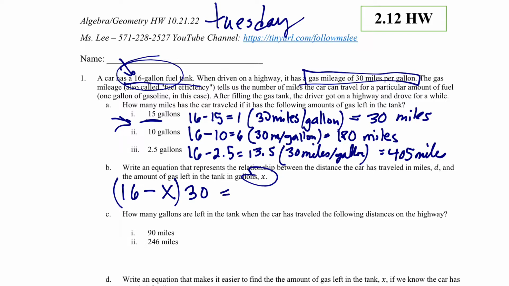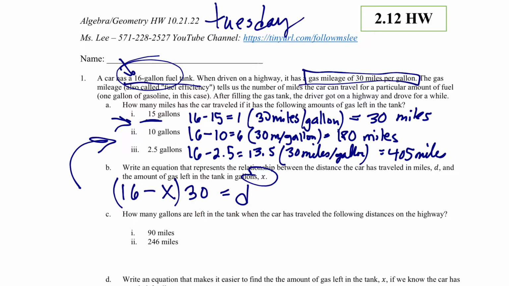And that will give us our distance, how far we've gone, right? Again, looking back up at what we did here, that's what we did. We said, well, we have 16, then we subtract how many gallons are left to see how many we've used, and then if we multiply that by 30 miles per gallon, we can figure out how far we've gone.